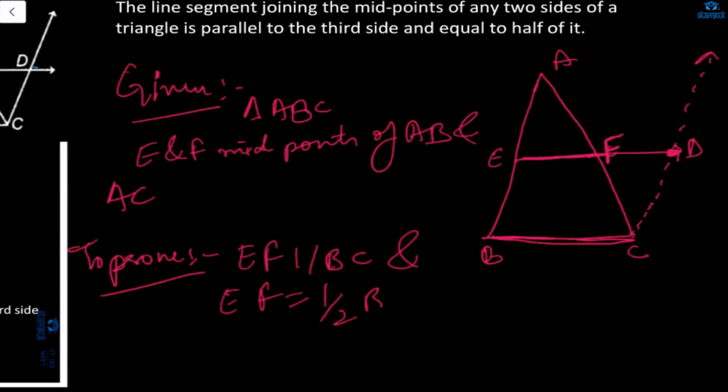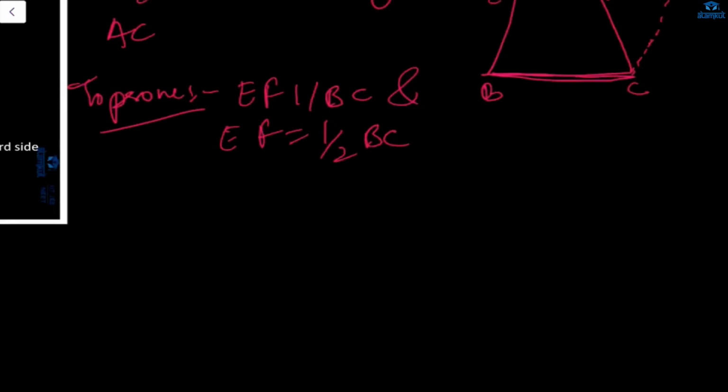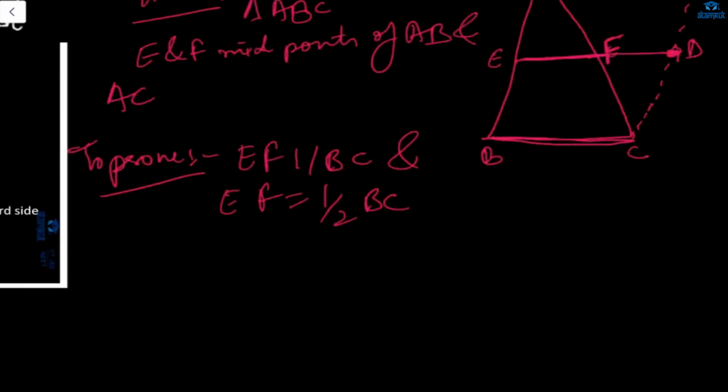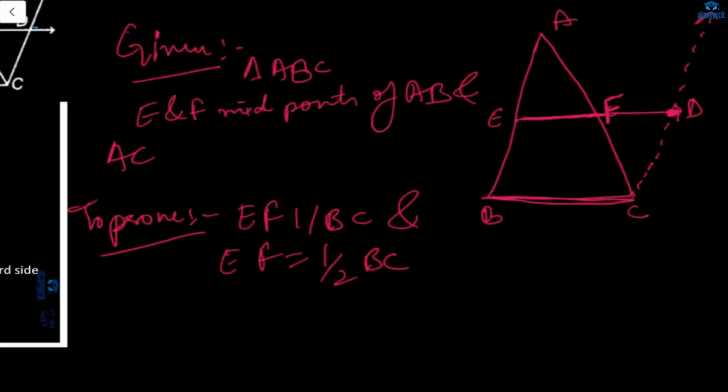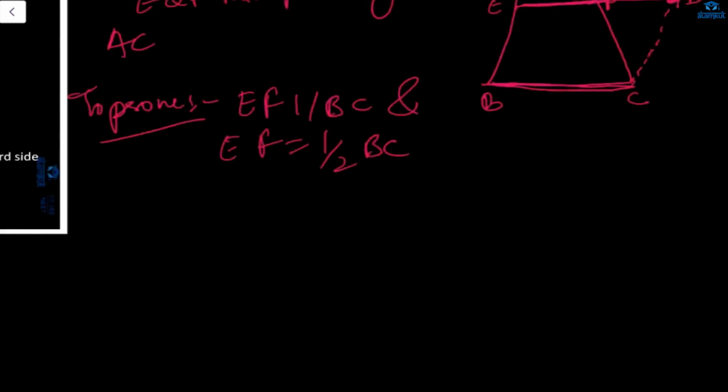We have done the construction: we have drawn a line from C parallel to BA, and if we extend EF, it meets the parallel line at point D. Now let's see the proof.